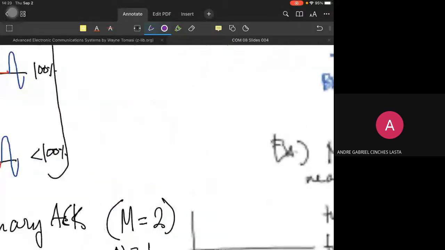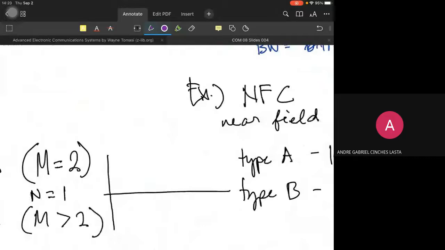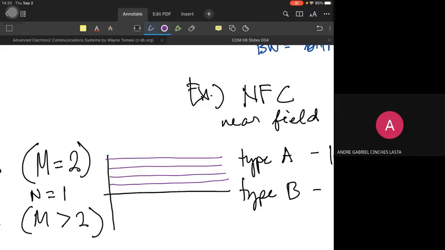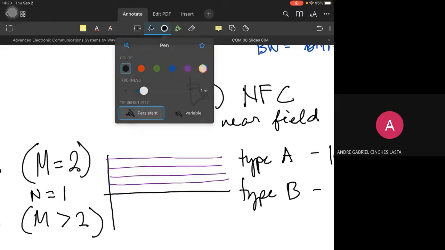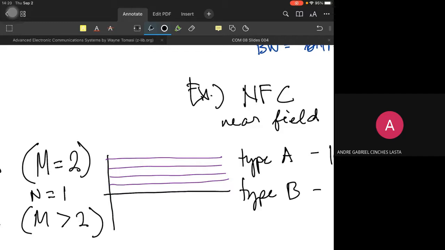In M-ary, let's say M is equal to 4, there are 4 voltage levels: 1, 2, 3, 4. So our signal is transmitted like this.